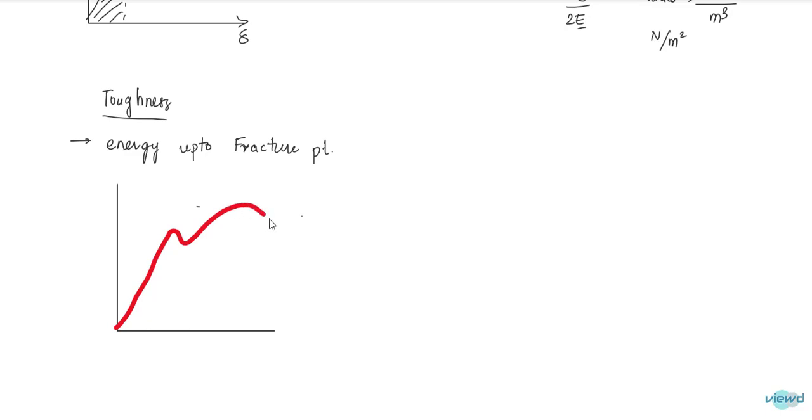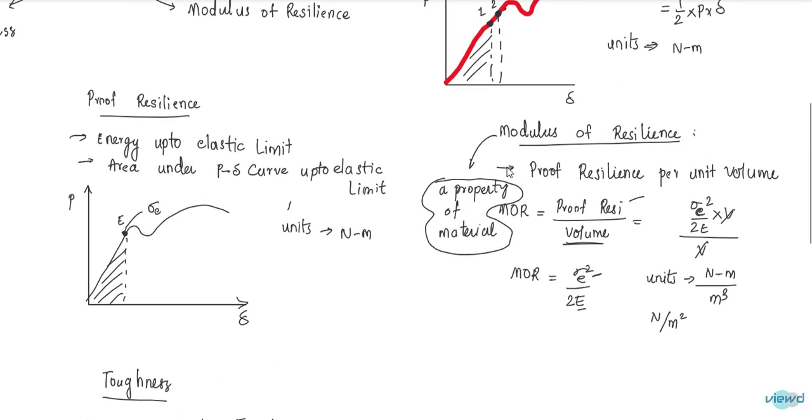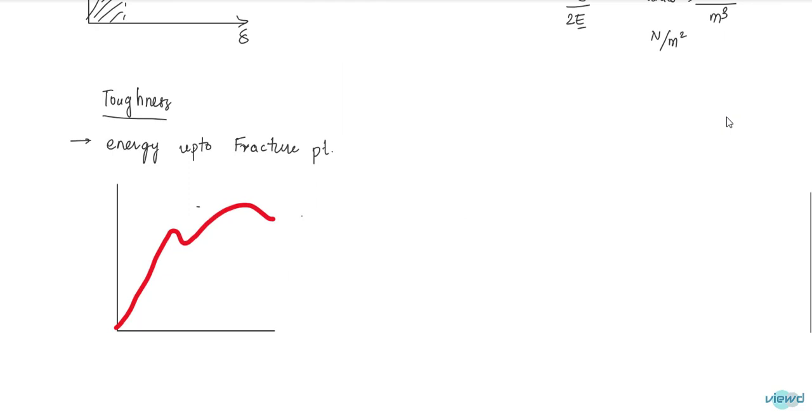If you consider the stress strain curve or a P delta curve, it will be this way. Also I forgot to tell you something. This modulus of resilience is the area under the stress strain curve. Resilience and proof resilience were the area under the P delta curve, and modulus of resilience is the area under the stress strain curve. So here also, toughness is the energy up to the fracture point, the area under the P delta curve up to the fracture point.